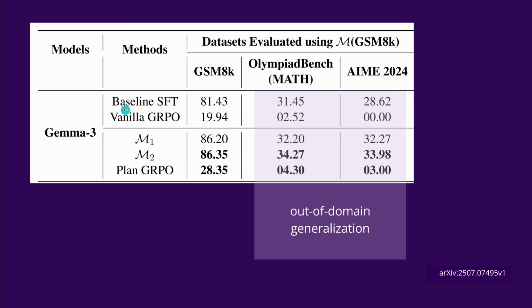But of course, we have the vanilla or baseline supervised fine-tuning and GRPO as a benchmark. Now, if you tell me that at AIME 24 the GRPO is a 1 billion model and the performance is 0.0%, and then a significant improvement is happening if we go here with plan GRPO and we achieve now 3%, I don't know if you can call this a significant improvement.